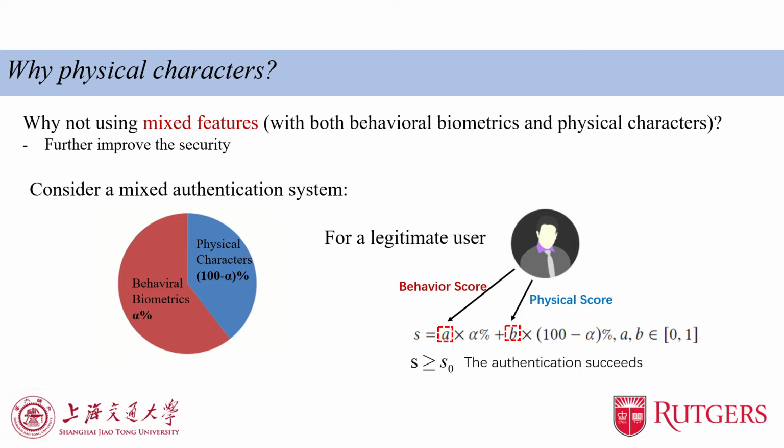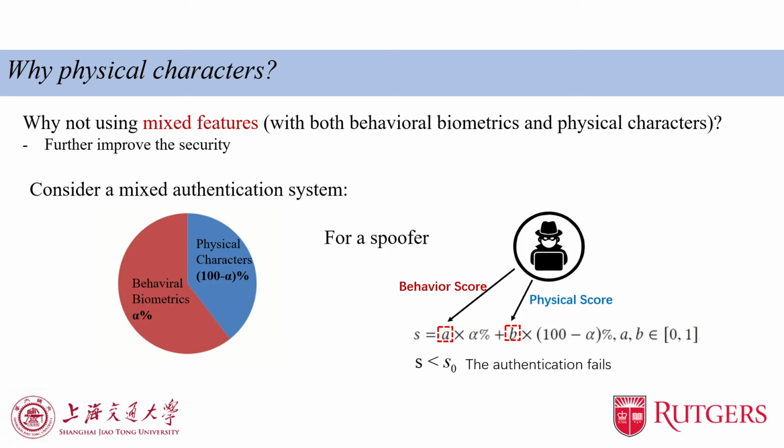Then the total score S he gets is larger than a predetermined threshold S subscript 0, so the authentication succeeds. While a spoofer has his own behavior score A and physical score B, but the total score S is smaller than the threshold, so the authentication fails.